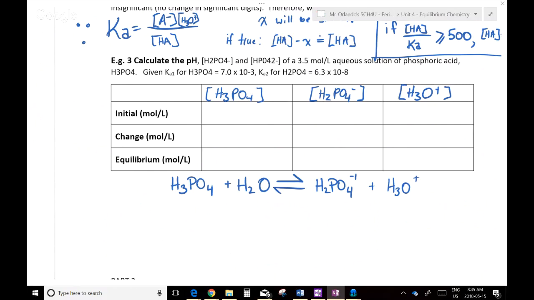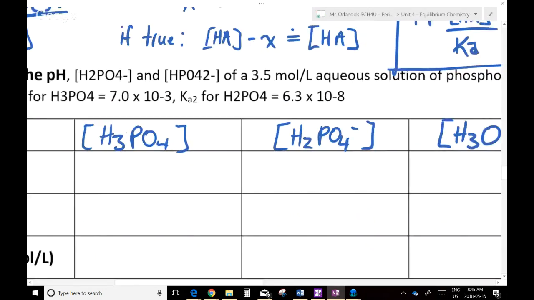All right, now, when we first drop this in, what's the concentration? I gave you a lot of numbers on here. But what's the initial concentration?